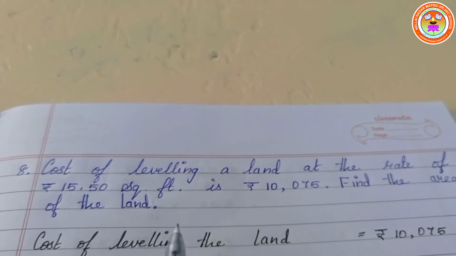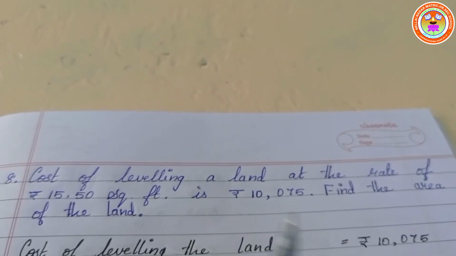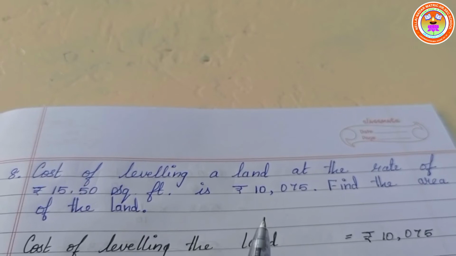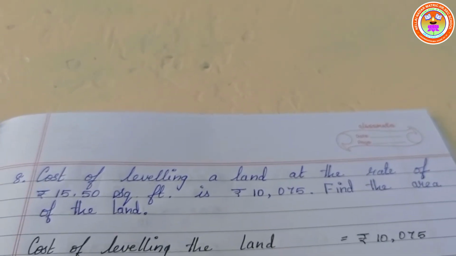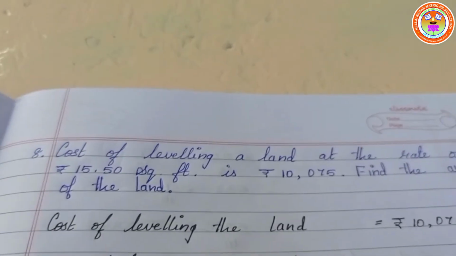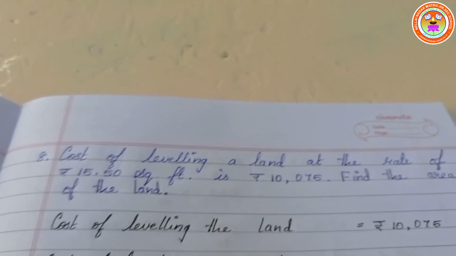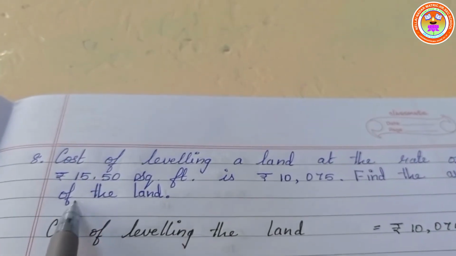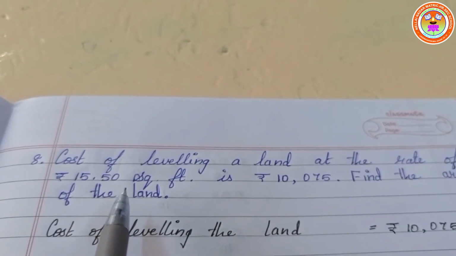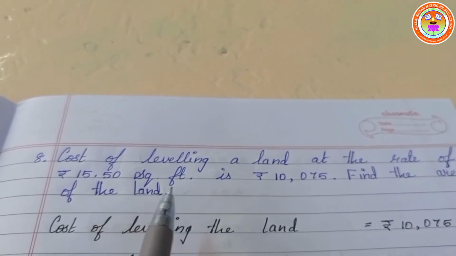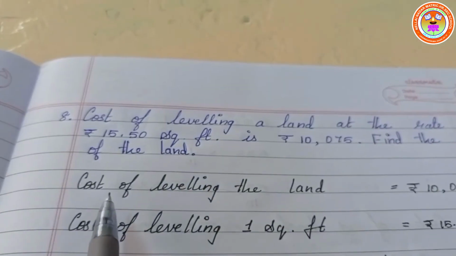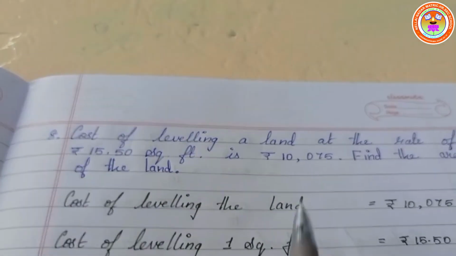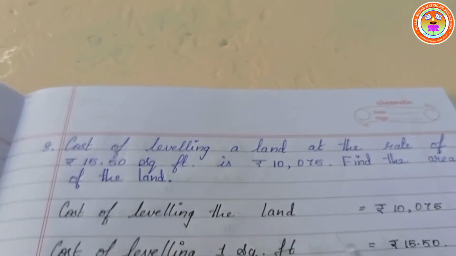So they have given the cost of levelling of the land to be 10,075 rupees. Okay, and we want to find what is the area of the land. Also given that for 1 square feet it is 15 rupees 50 paise. So using these two given values, we are going to find what is the area of the land. So let us begin. Cost of levelling the land. So for the entire land, what is the cost given?